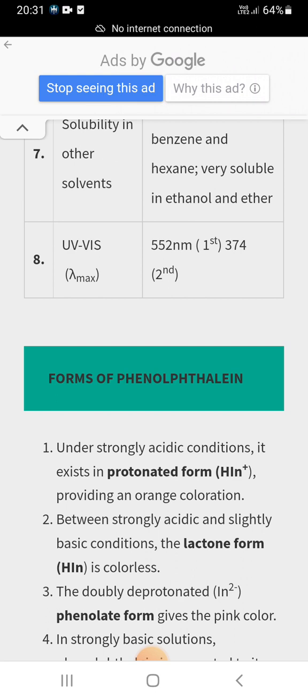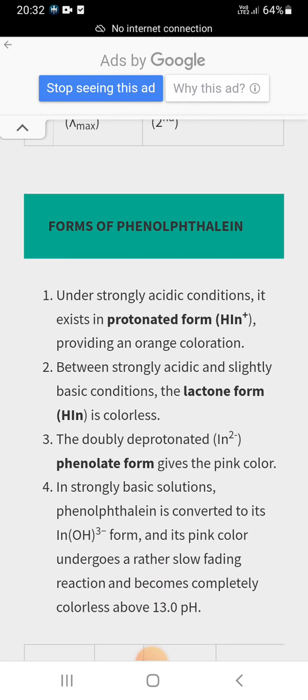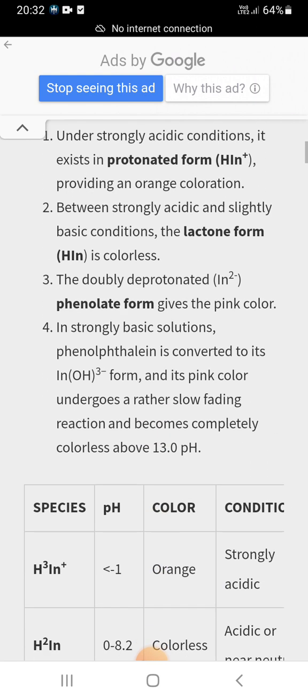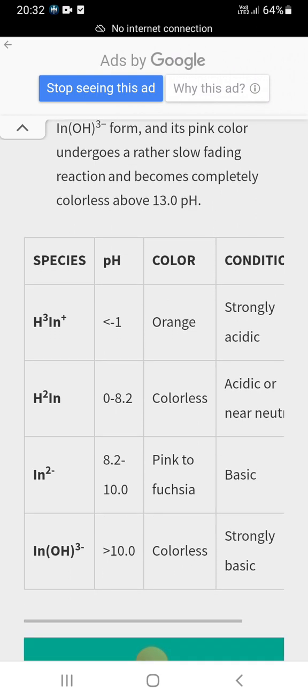Between acidic and slightly alkaline, it attains the lactone form, which is colorless. Another form is the phenolate form, which gives pink color, and another form, which is also colorless, appears when phenolphthalein is taken in highly alkaline medium.